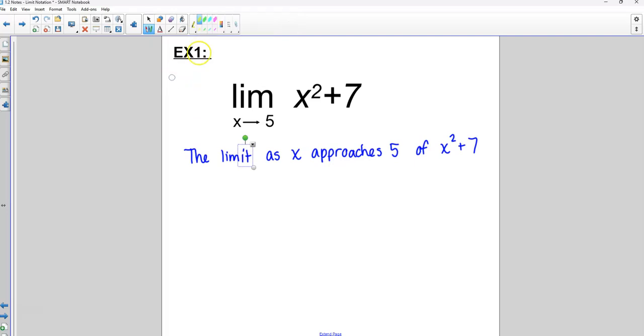However, these two phrases, as x approaches 5 and of x squared plus 7, are interchangeable as far as the order that you say them.